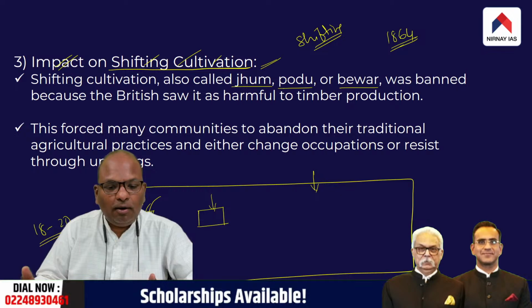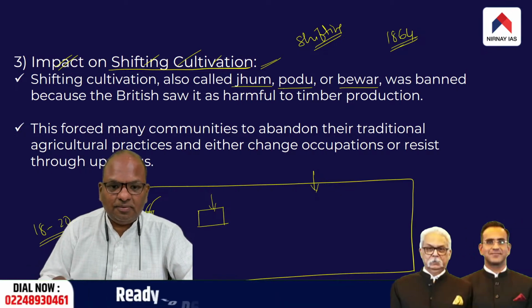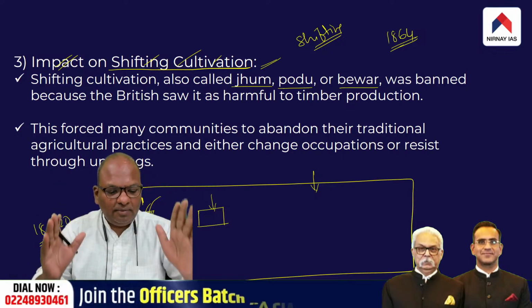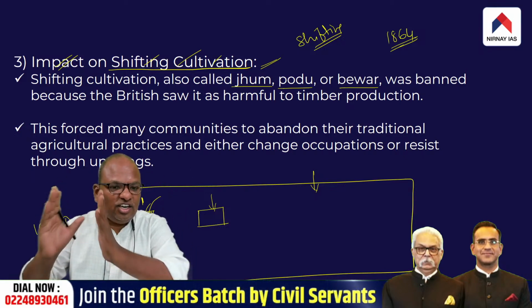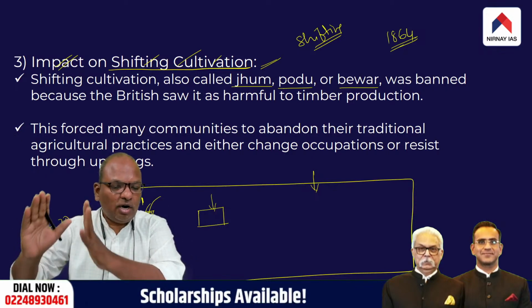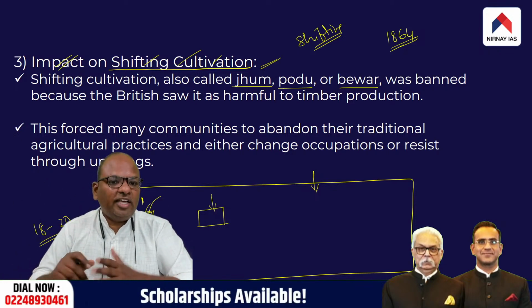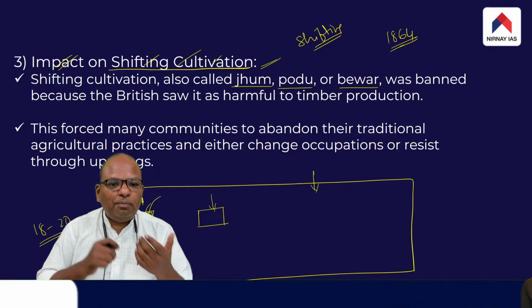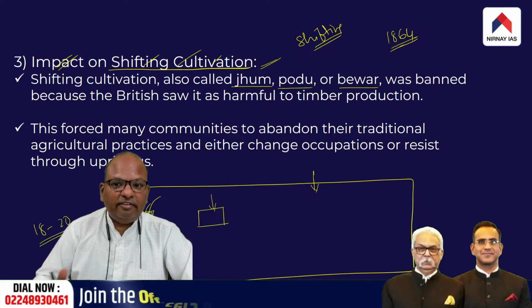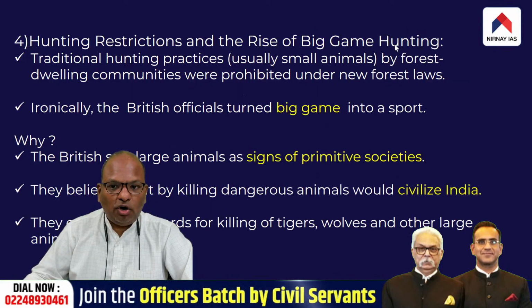That was the fear of the Britishers. They wanted to safeguard timber because they began seeing economic value in the timber. Their only objective was to safeguard their timber. Therefore, they put a ban on shifting cultivation under the same forest laws.